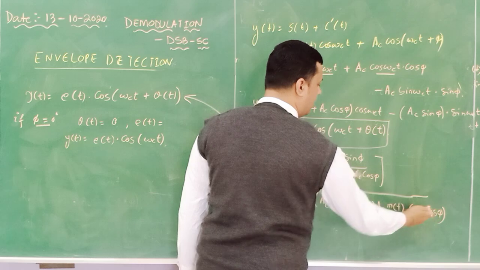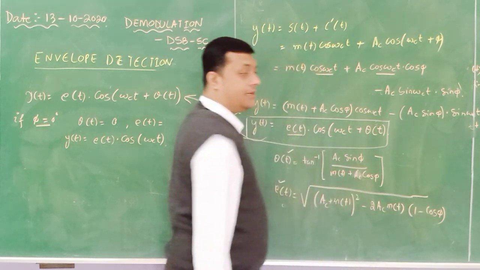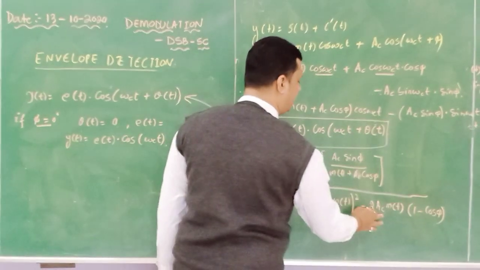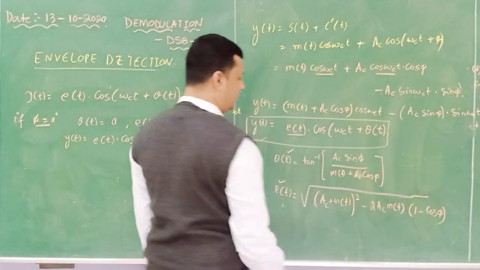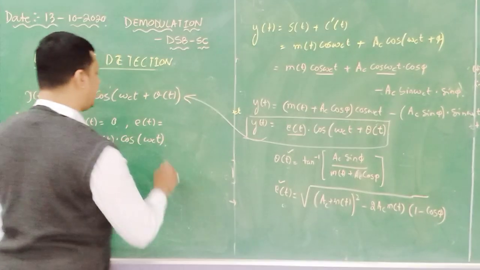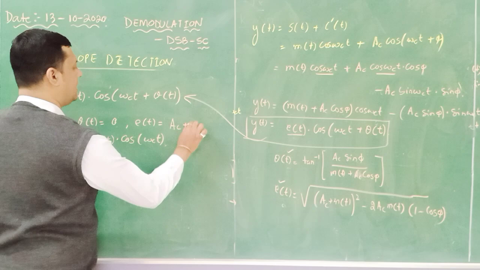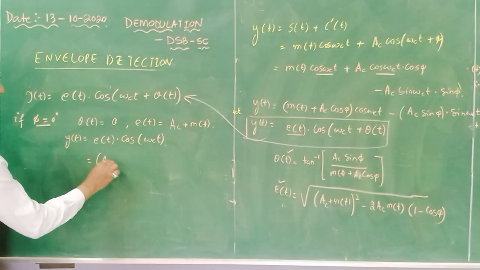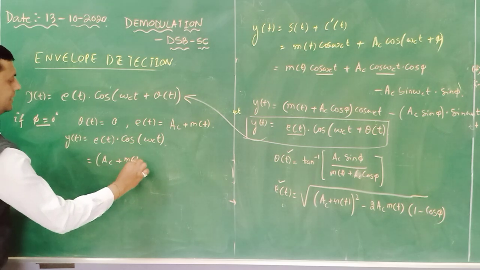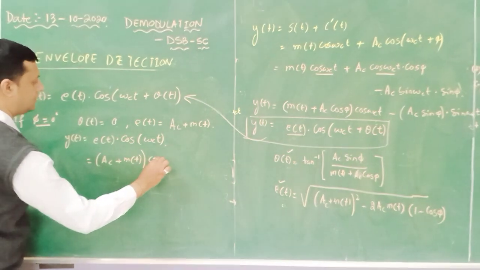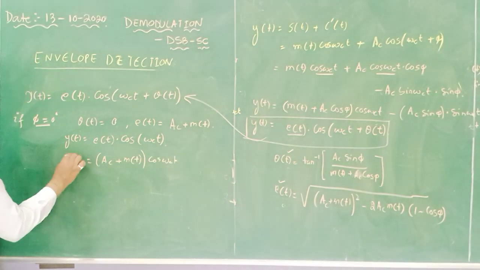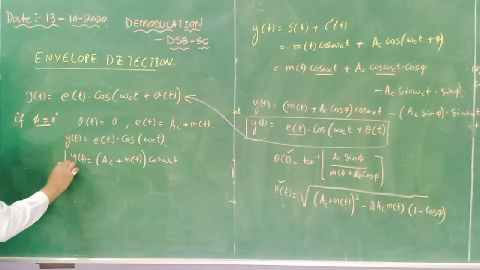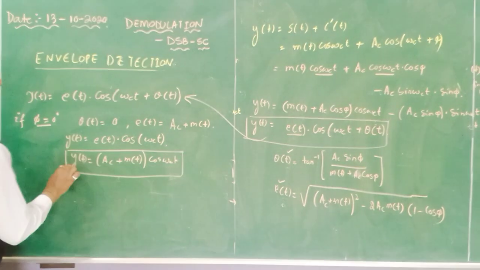If phi is 0, 1 minus 1 is 0. 0 is multiplied with 2 AC m of t, that is also 0. We will get AC plus m of t. So here you can see (AC plus m of t) cos omega ct. Now this equation is which sort of equation? This equation is an AM equation.